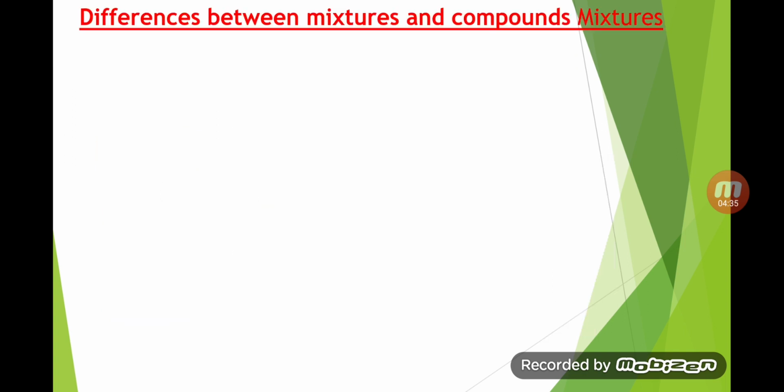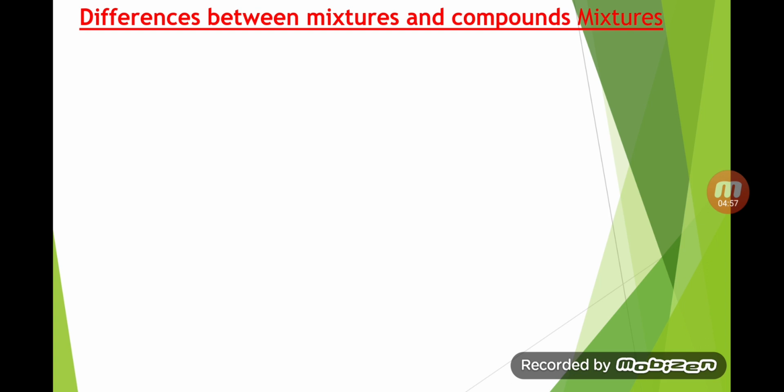Let's see another example. The difference between mixture and compound. Also in the last lecture we discussed what a compound is, and we also discussed the formation of the water molecule, the oxygen molecule, carbon dioxide, lots of things.